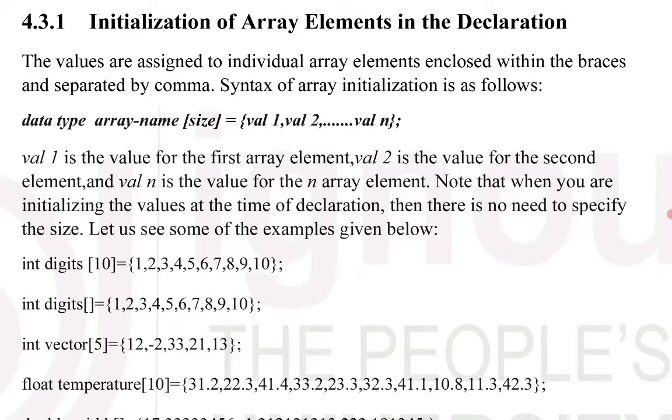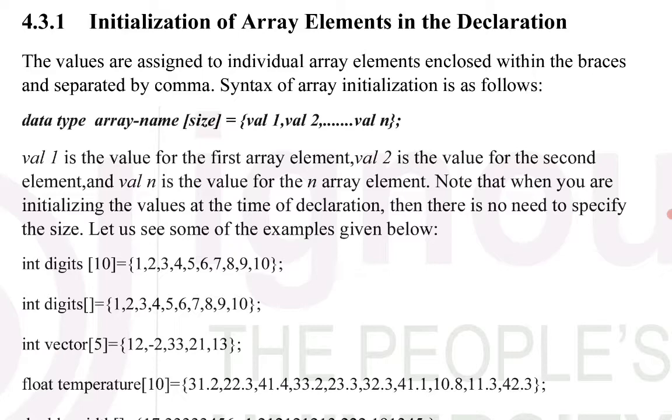So the syntax of how to initialize array elements at the time of array declaration is: data type, array name, within brackets size, is equals to, within braces value 1, value 2, value 3, up to value n, semicolon.